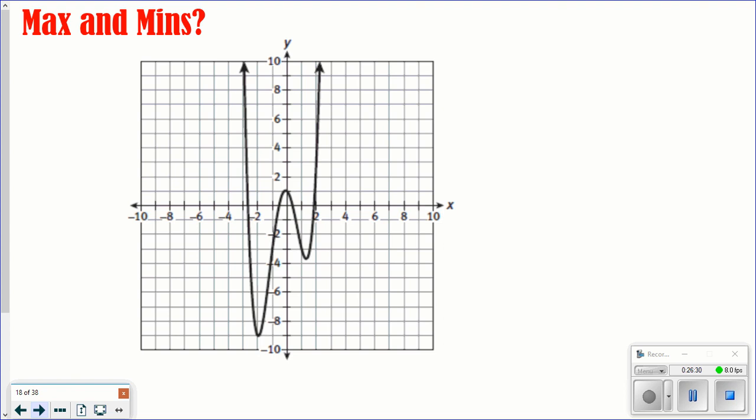Do we see any relative minimums and maximums on this graph? So let's look for relative maximum. Where do you see a hill or a high point? Perfect, right here. Good. This is a relative max.